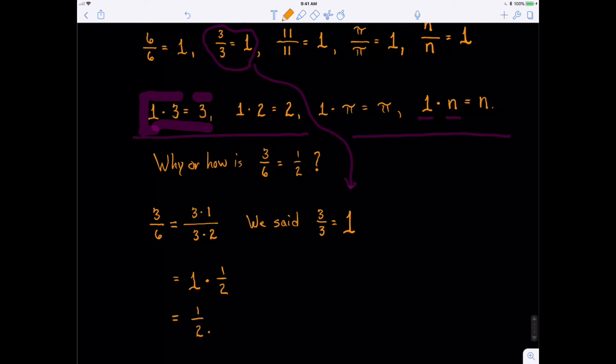Now, that is what we call reducing or simplifying fractions.